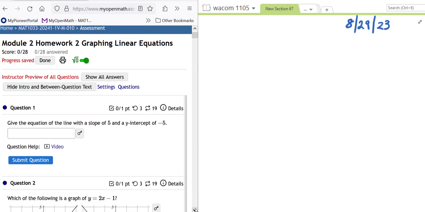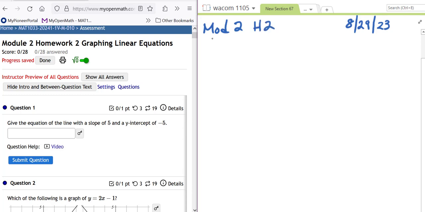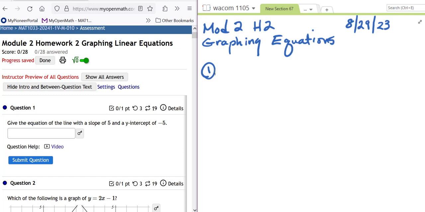So we are in Mod 2, Homework 2, Graphing Equations. First of all, problem 1 is a problem that really shouldn't be here yet.